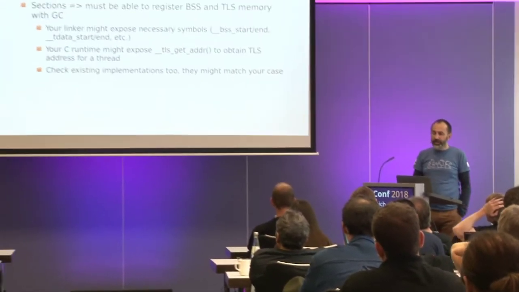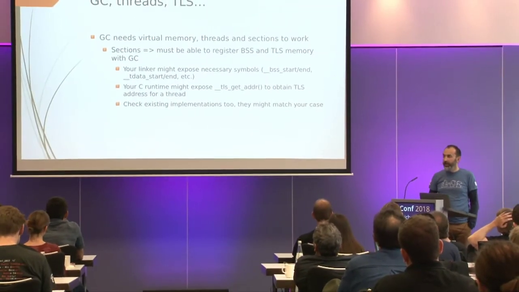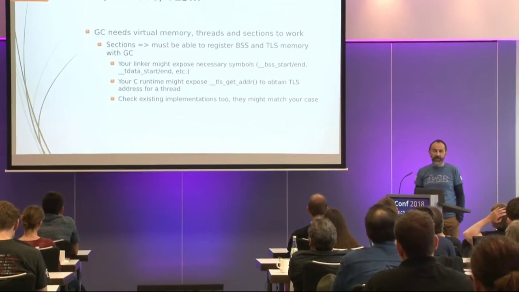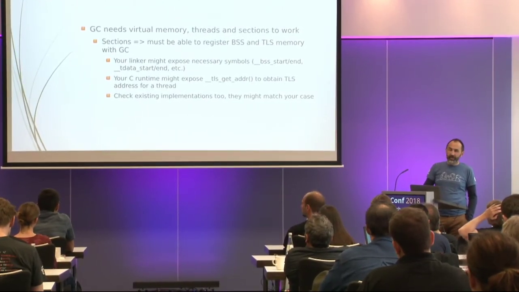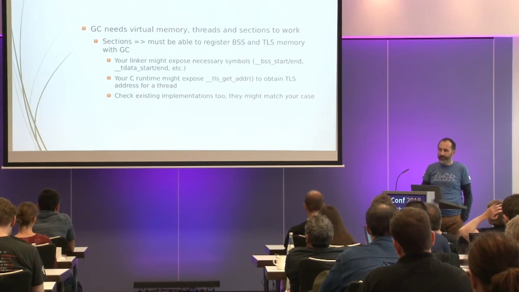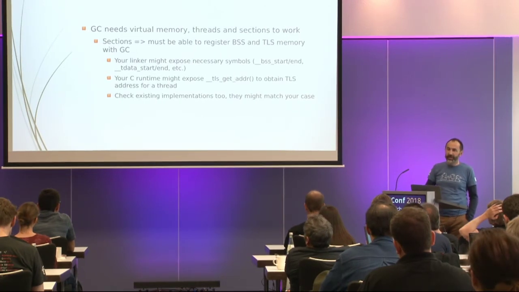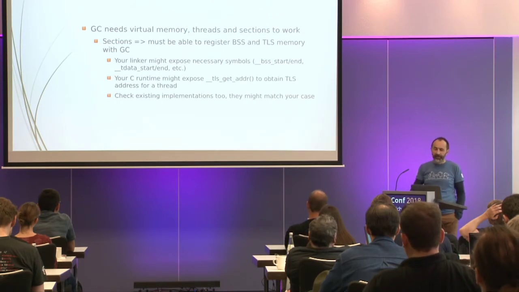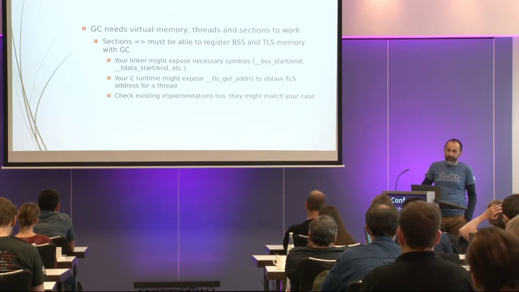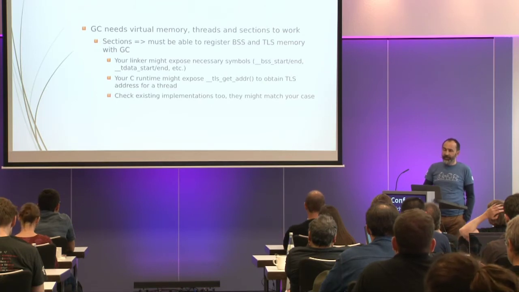The other thing is that for the GC to work properly, it will need to know where your BSS and TLS segments are in memory. And this is something your section implementation, the same one which implements module info in the D runtime, must handle. Again, depending on the openness of your platform, you will encounter more or fewer problems getting this right.